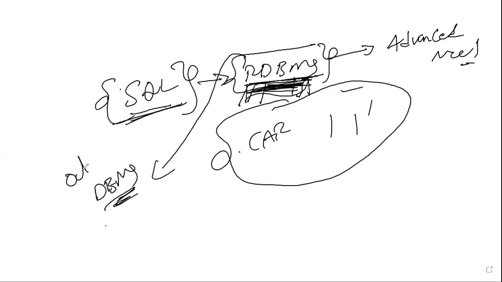This is called an outdated one. After this, the successor is RDBMS only. So first of all, we'll learn about DBMS, then we will learn about RDBMS. We'll discuss why we are using RDBMS instead of DBMS. Today's concept is just this.